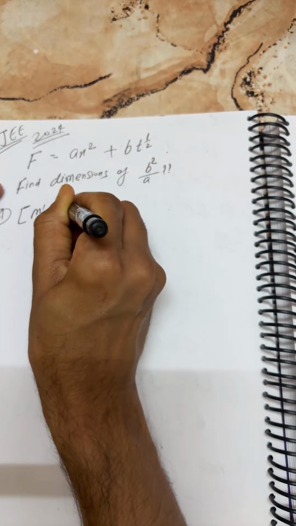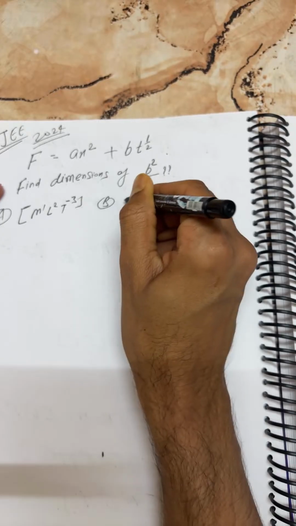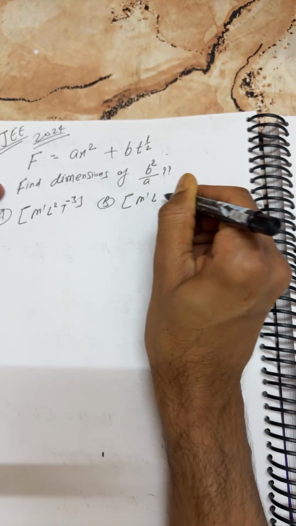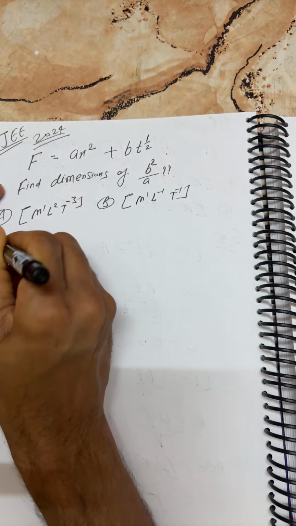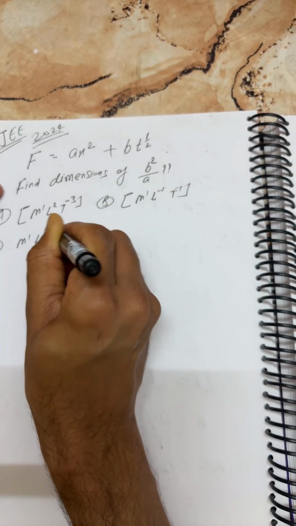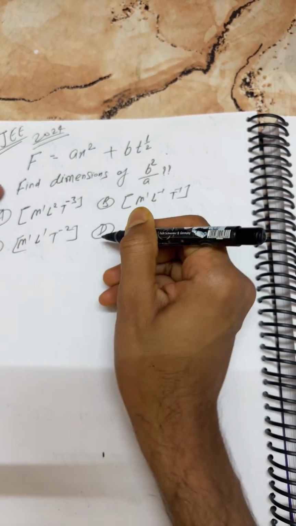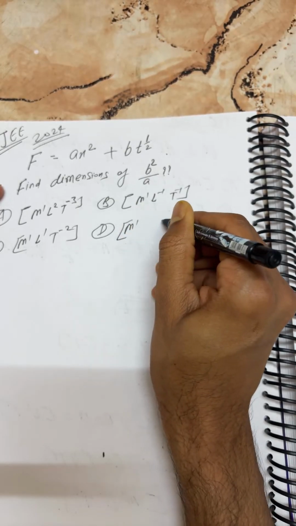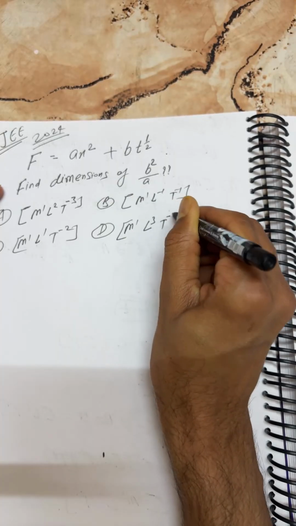Options: M1 L2 T minus 3; M1 L minus 1 T minus 1; M1 L1 T minus 2; L to the power 3 T to the power minus 3.